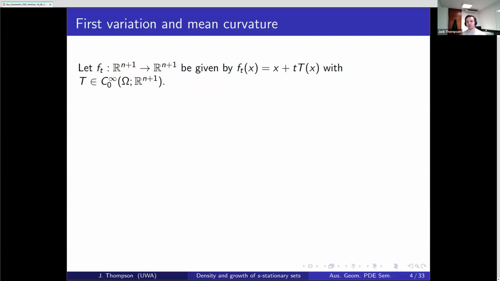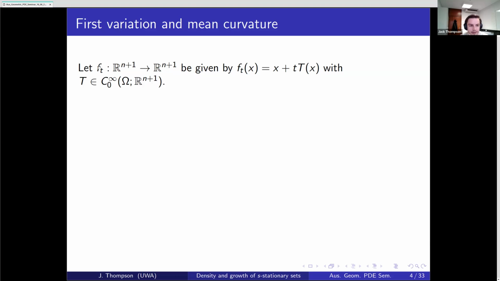Now, when we study the perimeter, we often want to consider variations. We want to think about minimizing it. And just like in calculus 1, we want to take its first derivative, its second derivative. In the context of geometric measure theory, you do this through variations.